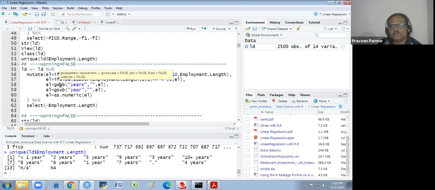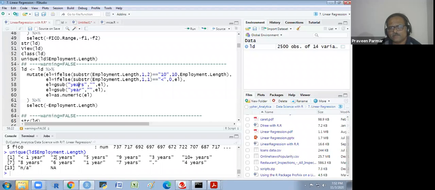Then I am using the gsub function. If somewhere it is years, you see the years is here. Only 1 year. There is year only, and the others have years. 9 years, 3 years, 4 years. So whenever I get years, I don't want to do anything. It should be blank.